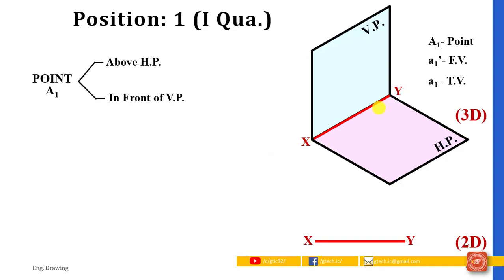The line that separates the VP and HP is denoted as the XY line. Here is our point A1, here is observer X, and this is the representation of a point in first quadrant.